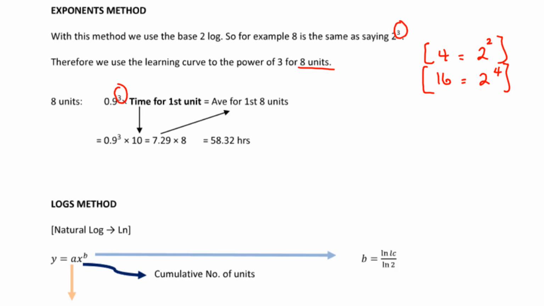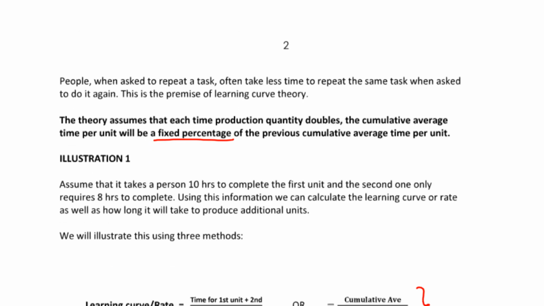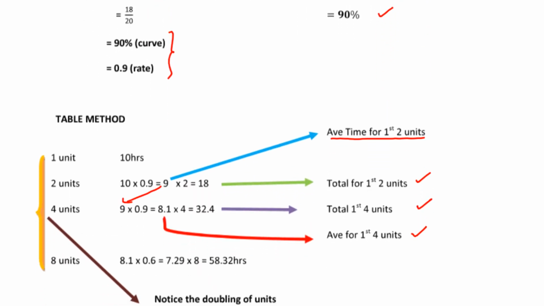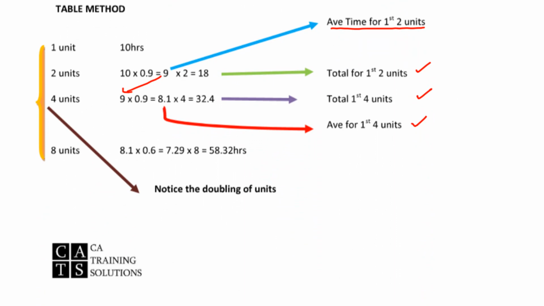So 0.9 to the power of 3, and I multiply that by the time for the first unit, which we said was 10, and that answer equals the average time for the first 8 units, which is 7.29. Now, let's go back quickly and compare that number. And there is my average of 7.29. All I did was use a slightly different way to do that.